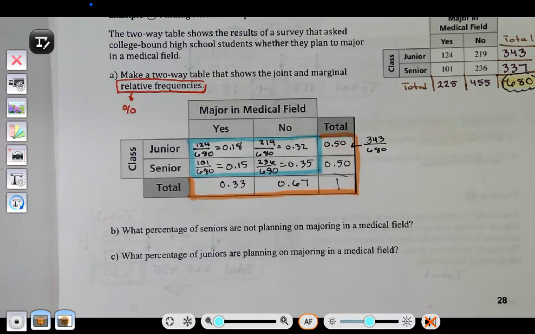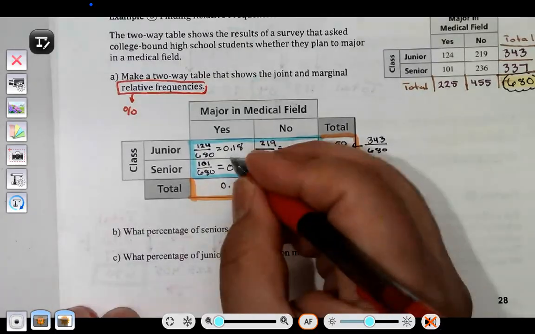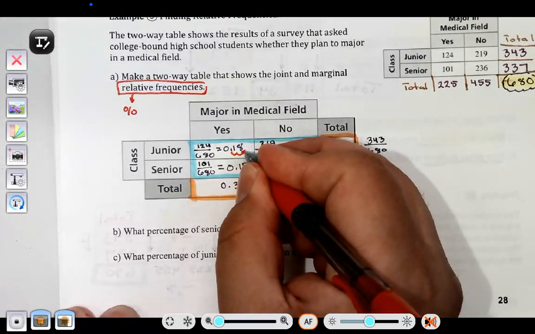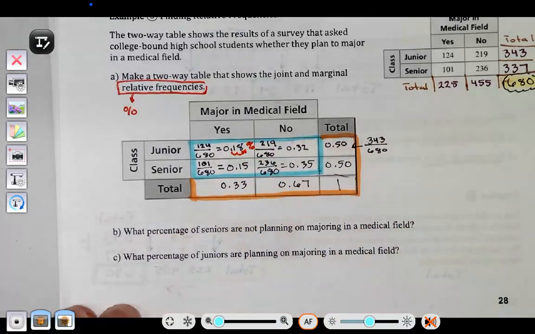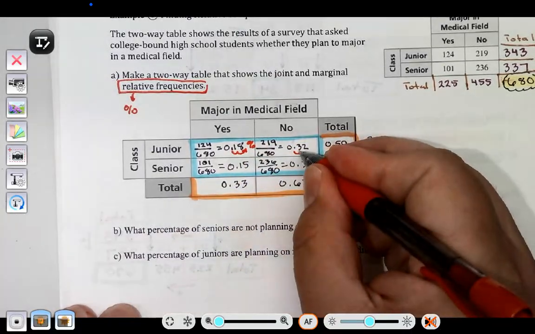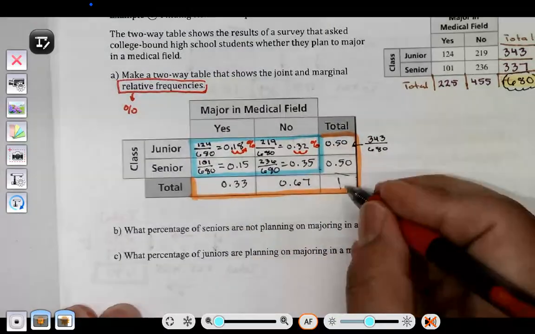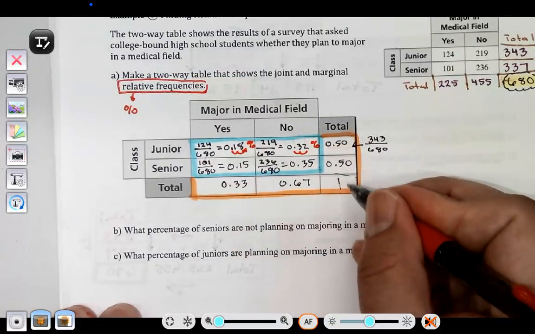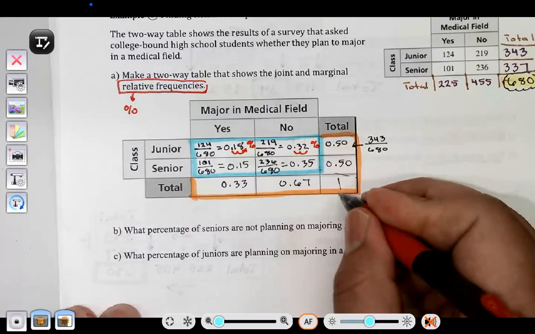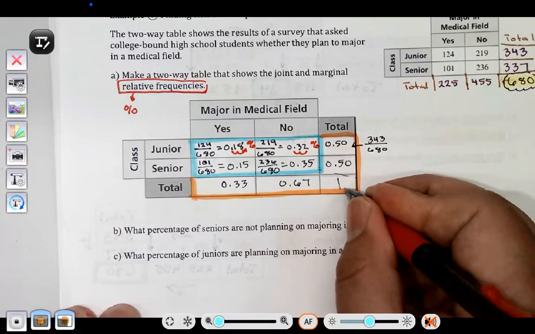Now, I know we set percentages, so here's what a percentage would be. You move it twice. That's 18%. You move it twice. That's 32%. So what percentage is this? What percent is this one? Not 1. You got to move it twice.